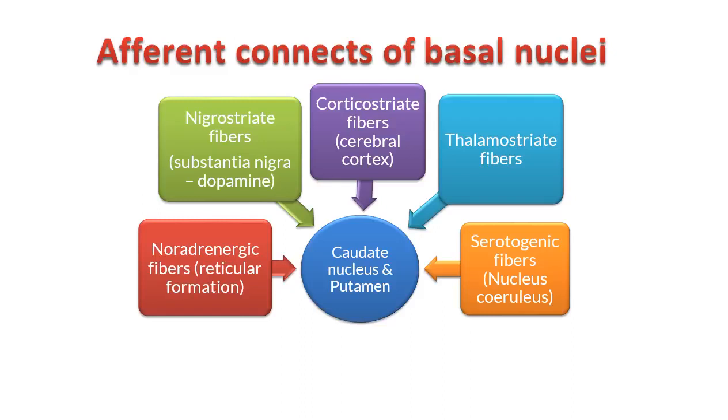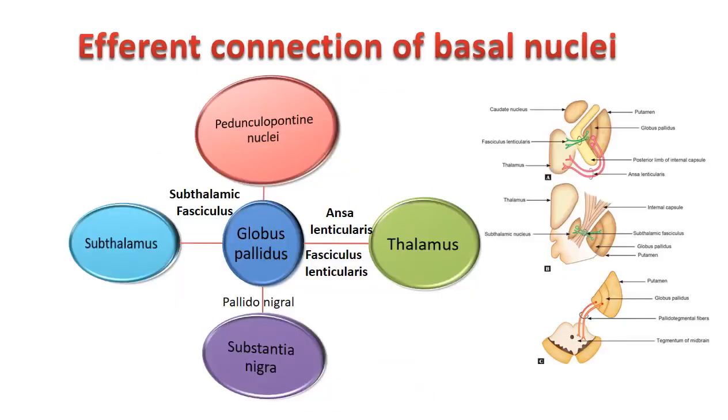Otherwise it is very difficult for the cortex to access this information. So all the afferents, corticostriate, thalamostriate, nigrostriate, and from the reticular formation and nucleus ceruleus, project to the globus pallidus. Now, to the efferents.